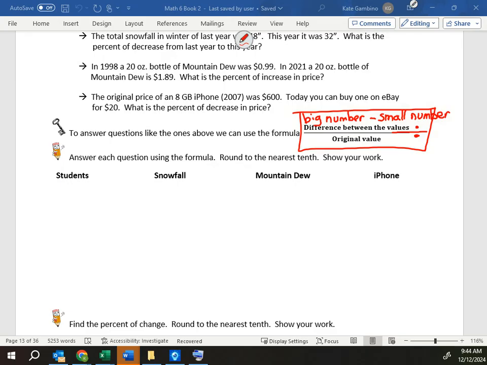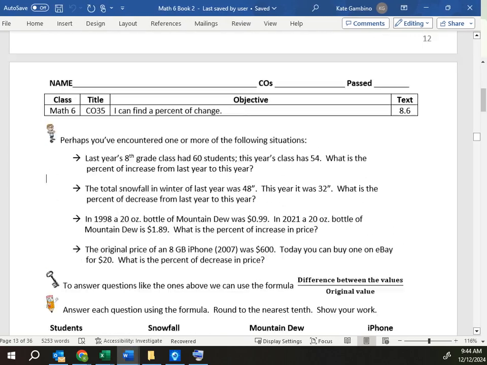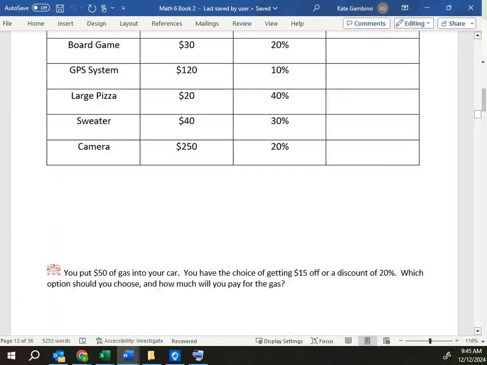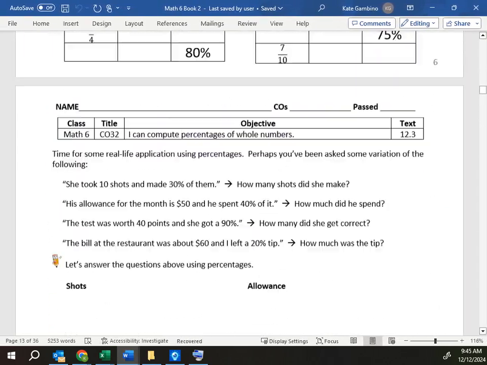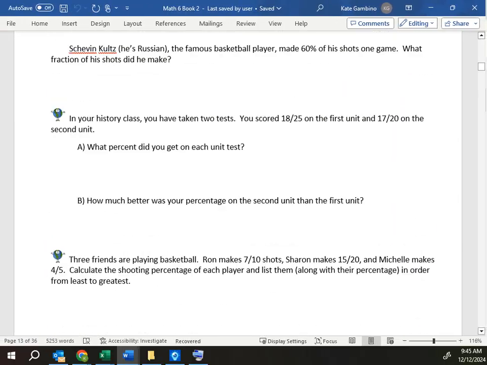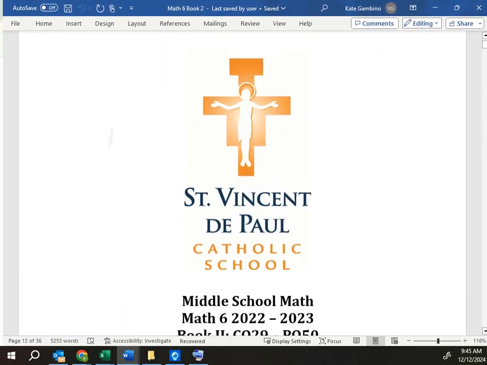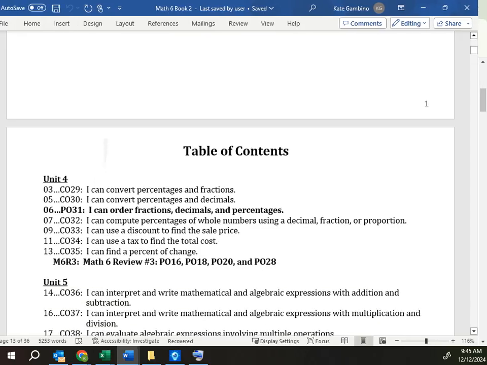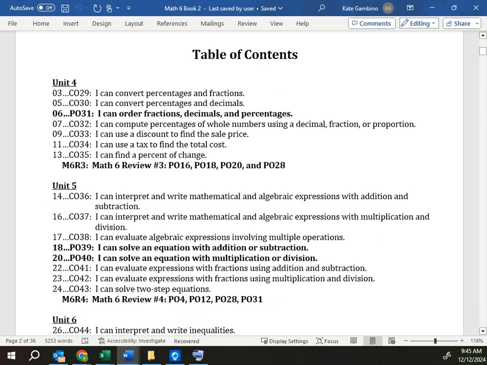What time is it? Okay, so we are going to stop there. Remember, for that Math 6 review, it is your responsibility to look at binder 1. On your help sheet, you can put a section for PO 16, PO 18, PO 20, PO 28.